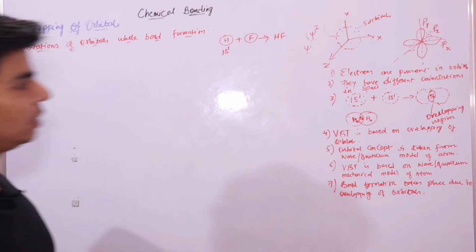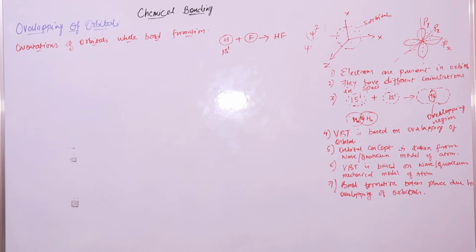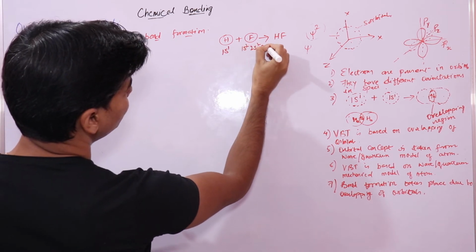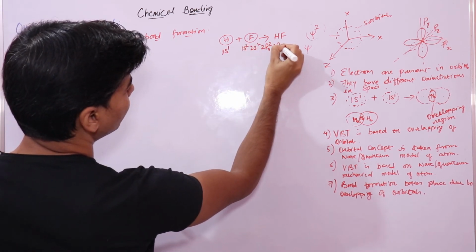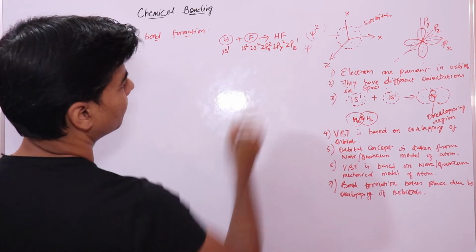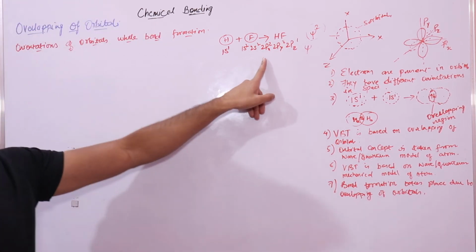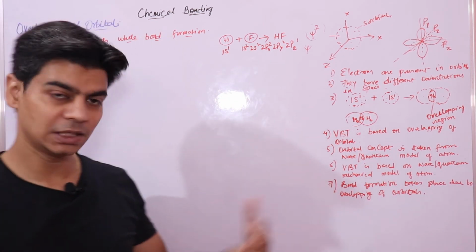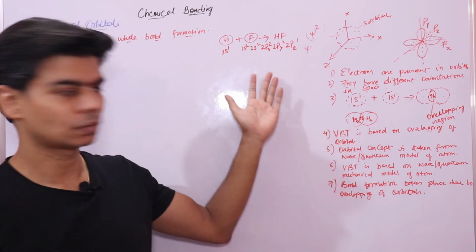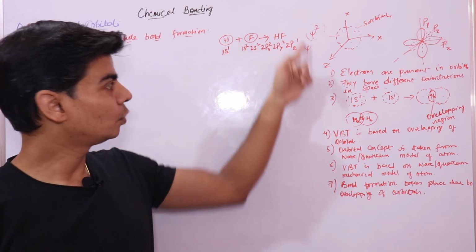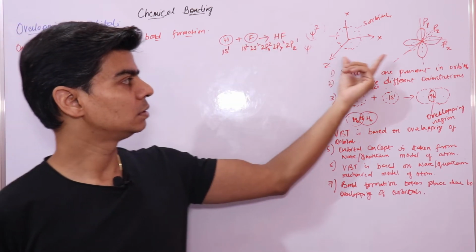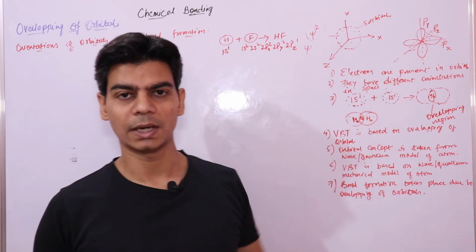And the electronic configuration of fluorine is 1s2, 2s2, 2px2, 2py2, 2pz1, right? We said in the previous video lecture that in order to understand the valence bond theory, you need to be good with electronic configuration. If you know how to write electronic configuration, then only you would be able to find out which of the orbitals would be overlapping.